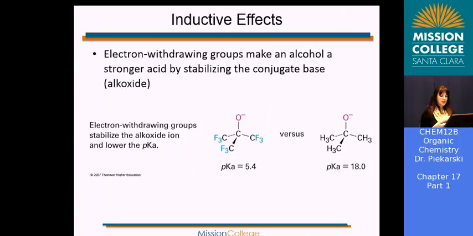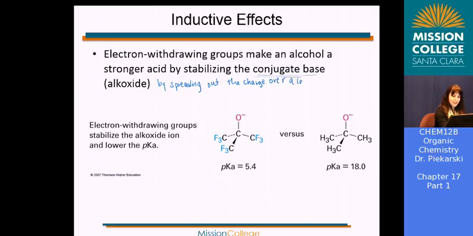Now we saw earlier with that trifluoroethanol substituted compound, the electron withdrawing groups make for stronger acids. The reason is that electron withdrawing groups make an alcohol a stronger acid because they stabilize the conjugate base by spreading out the charge over a larger volume.